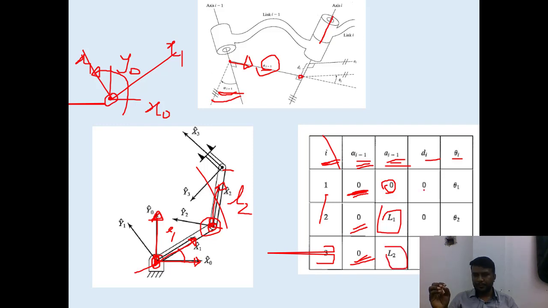Next one is d i. What is d i here? d i is the offset between two links.